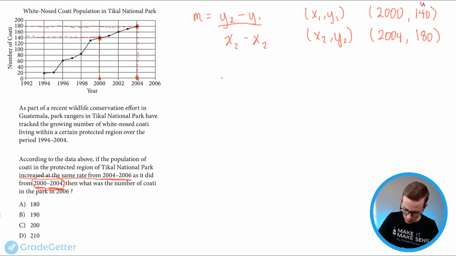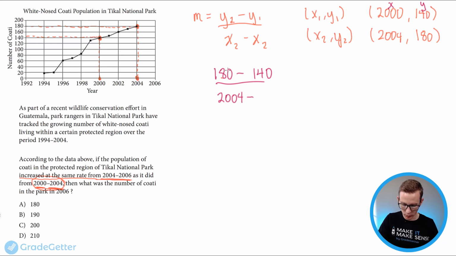So if these are our y's and these are x's, our y2 we said was 180, minus y1 we said was 140, all over x2, which is 2004, minus x1, which is 2000. So this is the rate, again, or our slope.